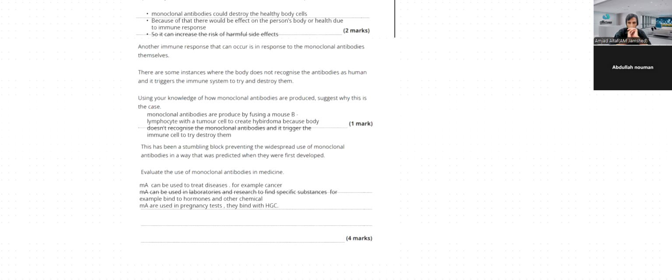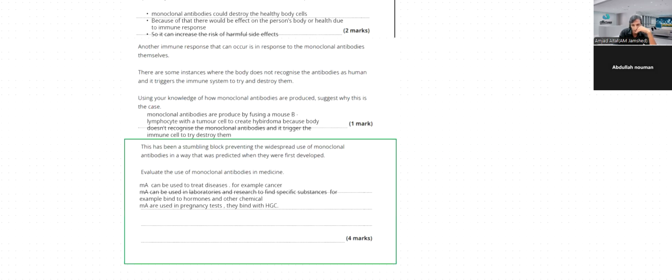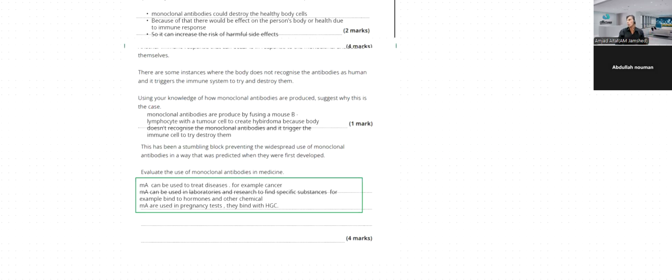That's what we always have in our mind. Sorry, it's a pregnancy test. For the pregnancy test we have this one. We used to have this separate.